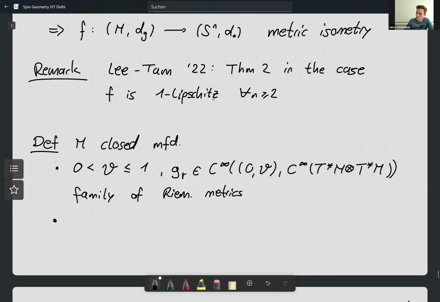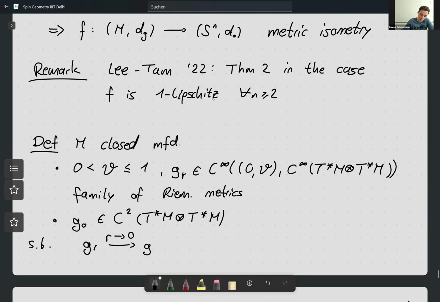And also assume that we have a C2 metric G0 on M such that G_r converges in the limit r to 0 to G0 in C2.